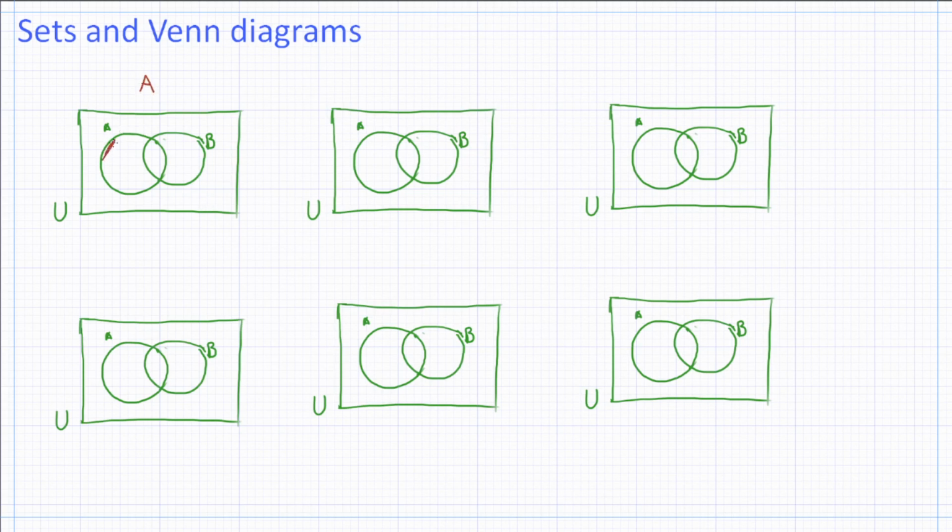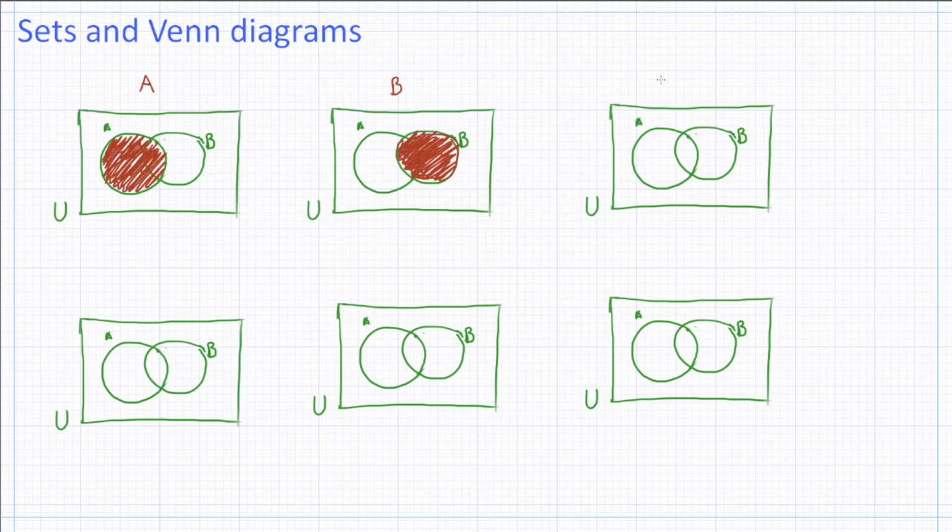I would shade set A, right? That's it. I could do the same thing for set B. I've shaded everything which is inside of set B.